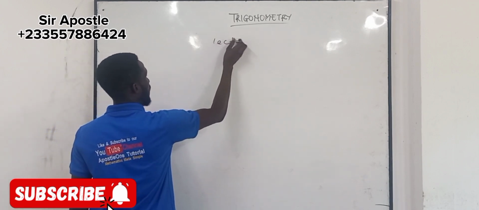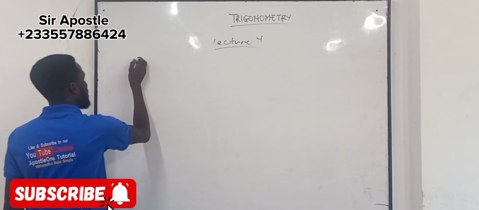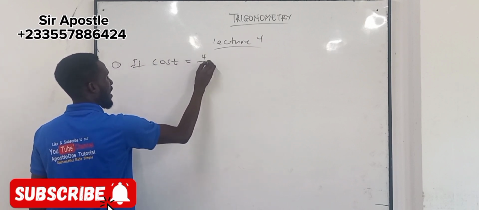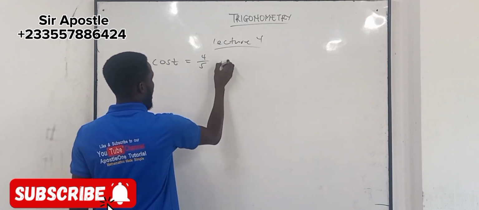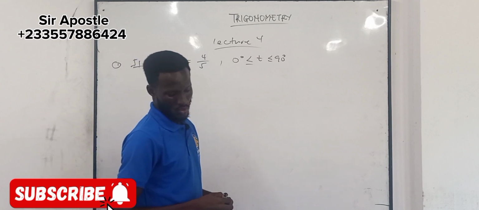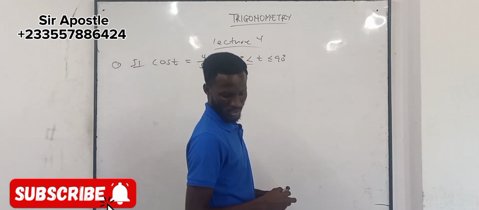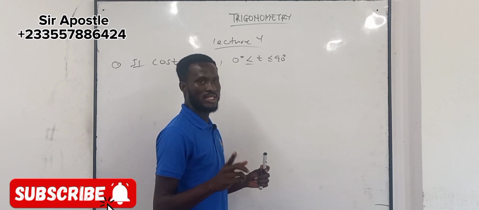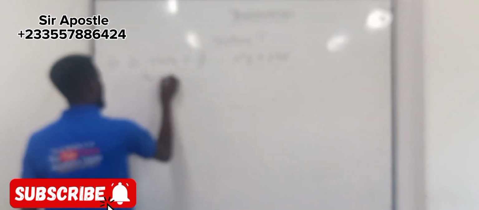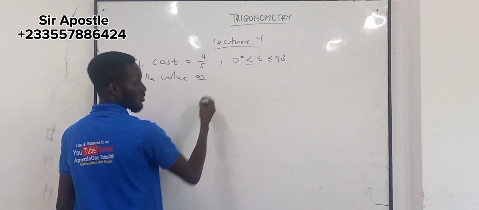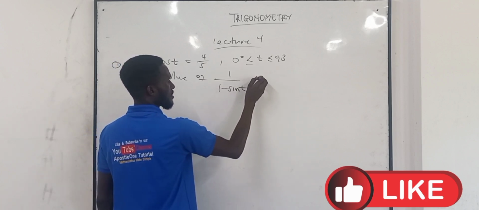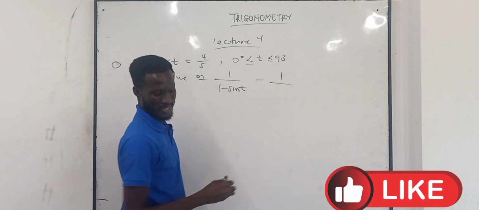So lecture 4, it was: if cos t is equal to 4 out of 5, and t is between 0 and 90 degrees, we have to solve, without using a calculator, the value of 1 over 1 minus sine t, minus 1 over 1 plus sine t.